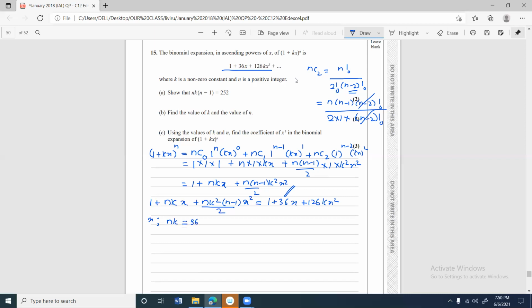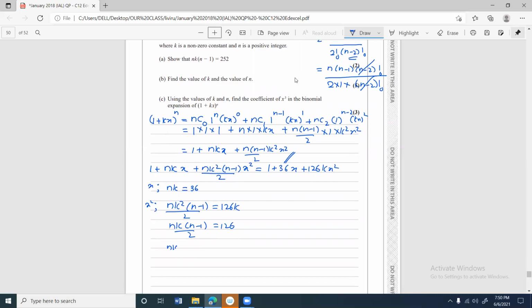I'll just keep this answer. If you get the coefficient of x squared, nk squared n minus 1 over 2 equals 126k. Then you can cancel 1k to 1k, turning up to nk n minus 1 over 2 equals 126. If you cross multiply, nk into n minus 1 equals 252. That's the answer for that.